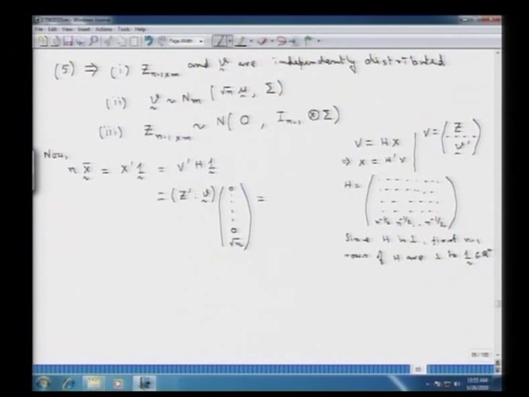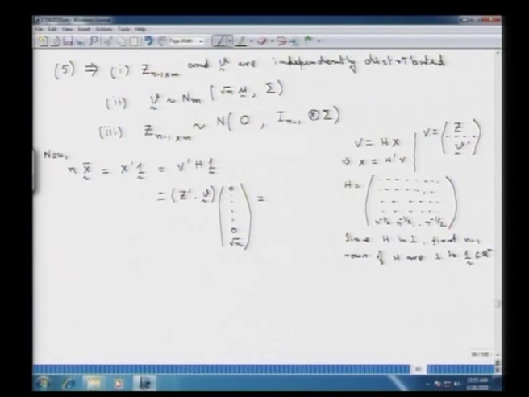And thus, this n times x bar, which is in terms of the original random variables from the random sampling from a multivariate normal distribution, is in terms of the transformed random matrix V and its partitions Z and this V prime, nothing but root n times V, right.